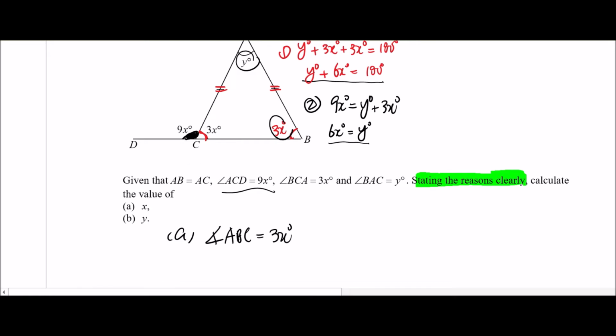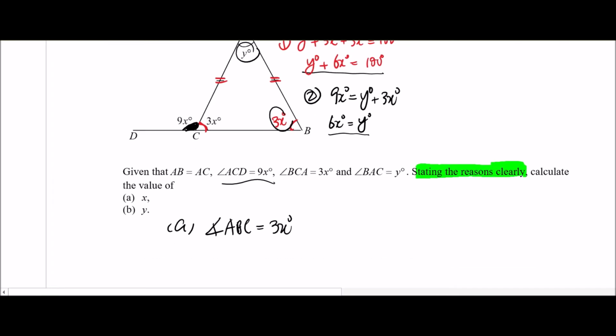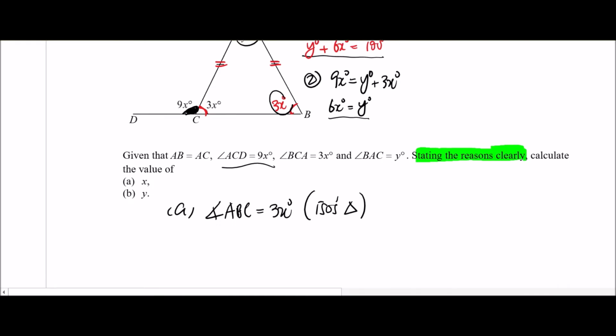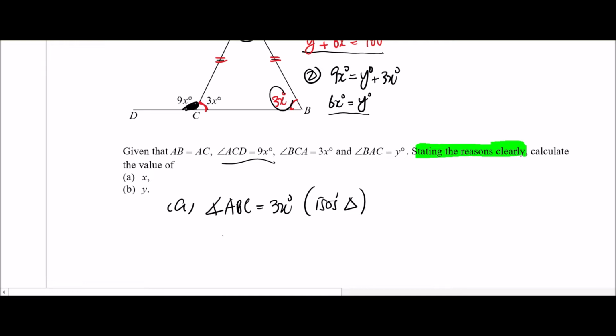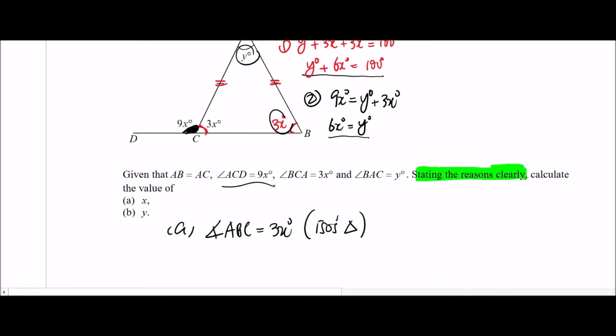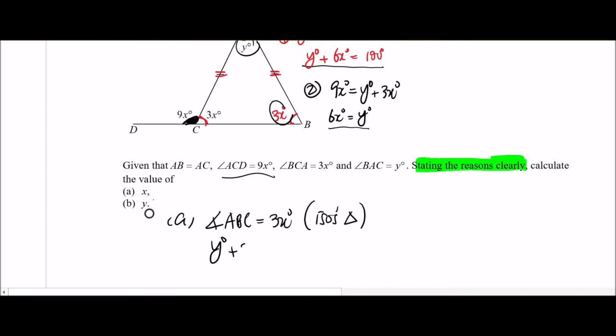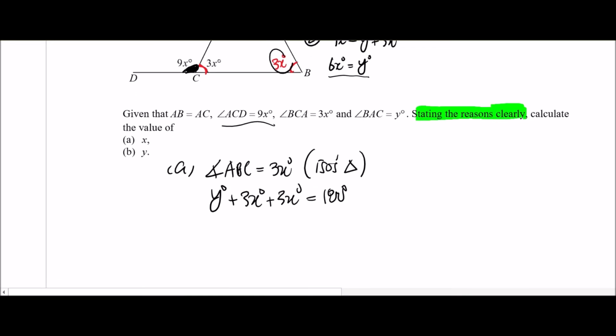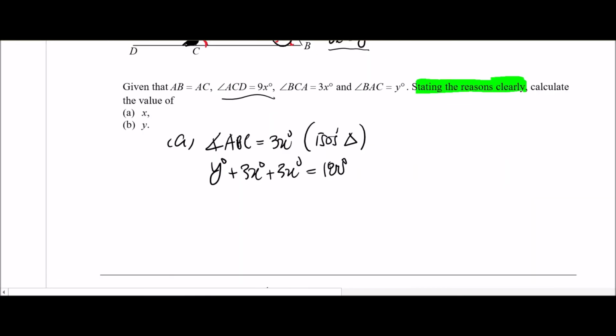Why? How do we know that? Just now we used the property of isosceles triangle, right? Because we spotted an isosceles triangle. Okay, next. From there we have, right, sum of interior angles in a triangle, y degree plus the two equal angles equals to 180 degrees. So from there, y degree plus 6x degree equals to 180 degree.